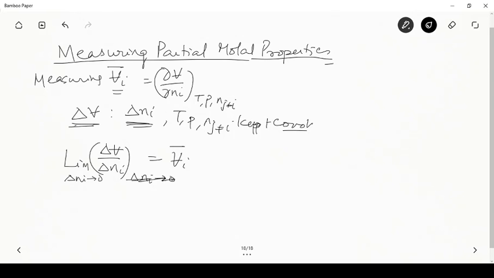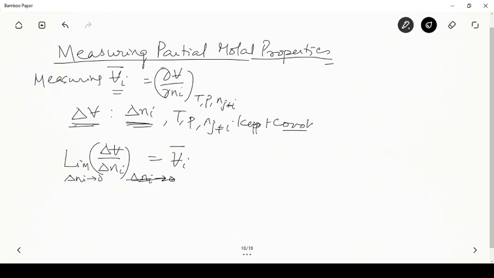Now, if I want to know the V̄i at all compositions, then I will need to make this kind of painstaking measurement by varying N1, N2, N3, etc., Nn in a very gradual manner, adding one species at a time, finding out the change in V, recording it and calculating the partial molar properties. So you can calculate the partial molar properties for various values of N1, N2, N3, Nn by gradually varying each of these individual quantities.